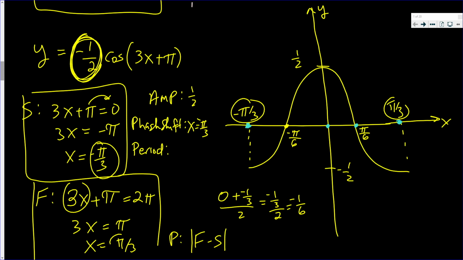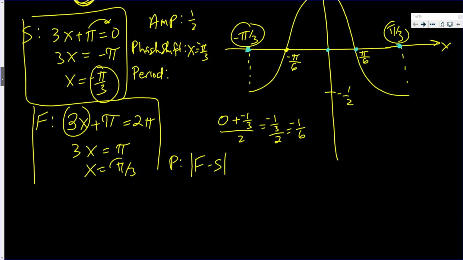Just in case it's going to be negative, we take the absolute value. It finishes at pi over 3 minus, it starts at negative pi over 3, and in case it's negative, absolute value.